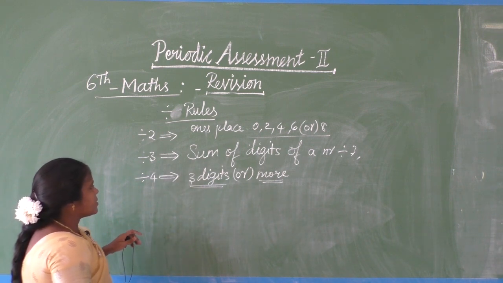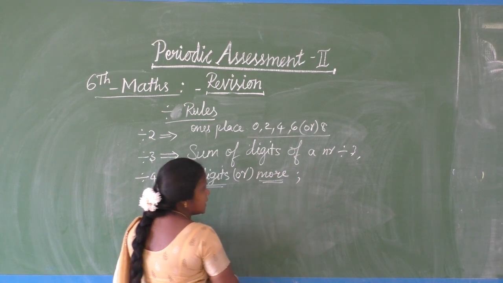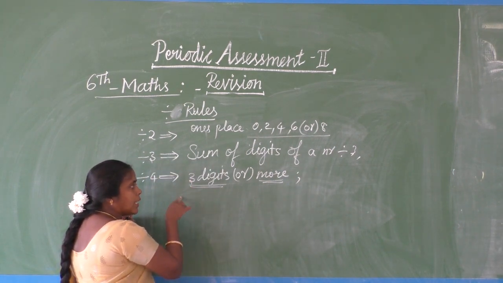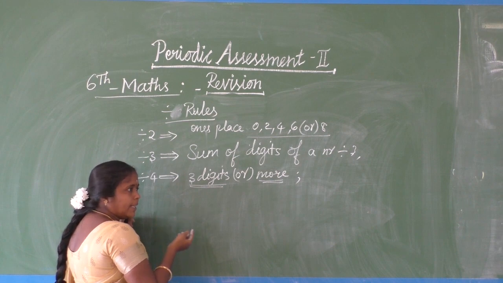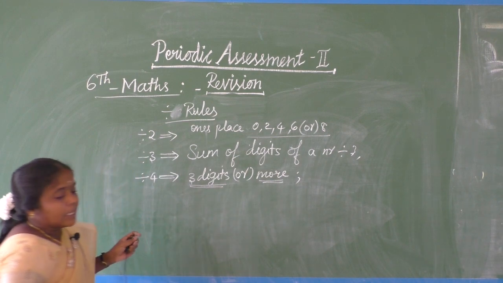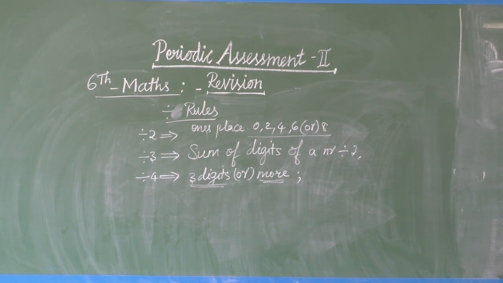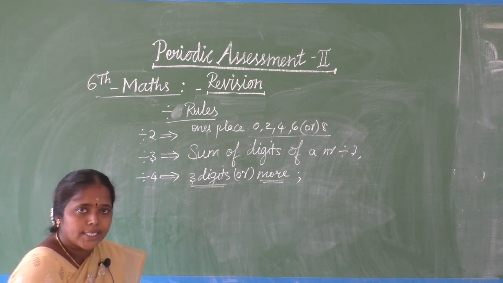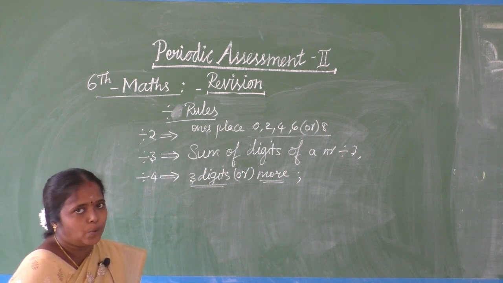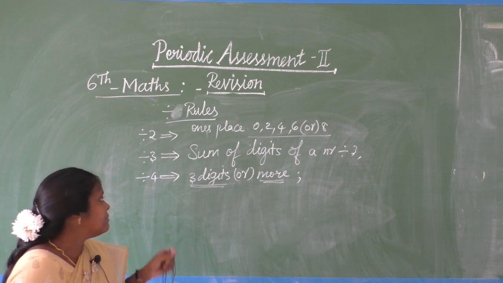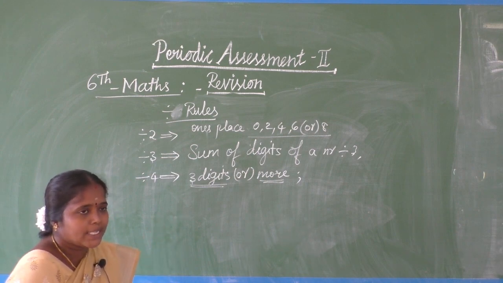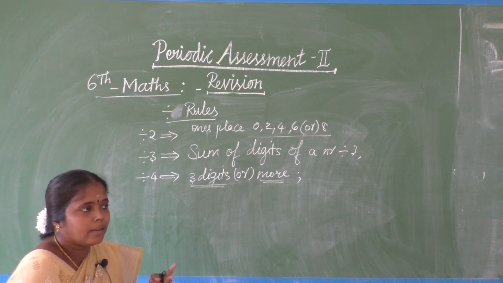Clear? Next, what does it say? The number must contain 3 digits or more, and then the last 2 digits of the number are either 0 0 or multiples of 4. That means that number is divisible by 4. What is that, children? Again I am telling, here they mentioned 2 conditions.